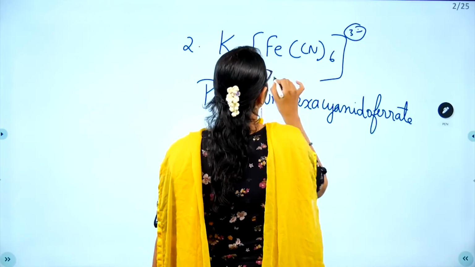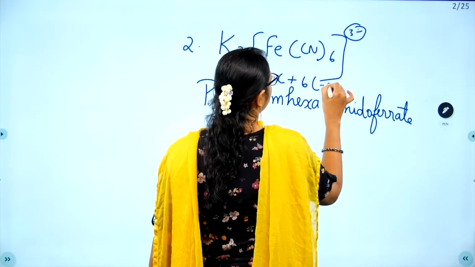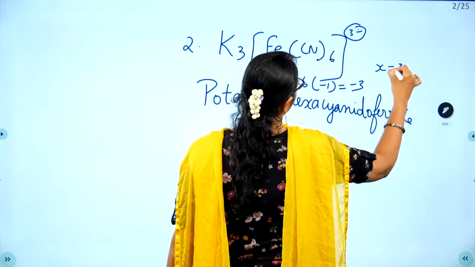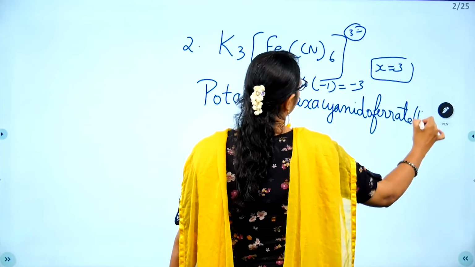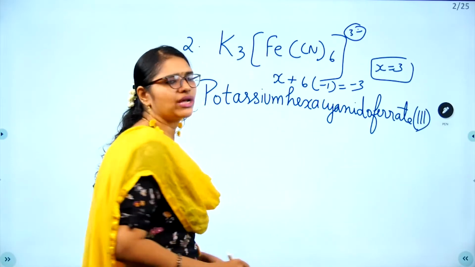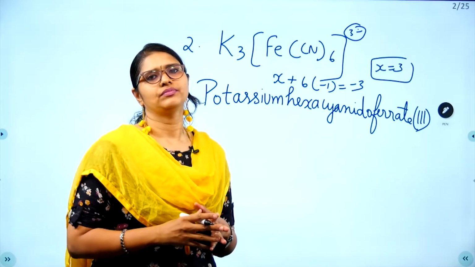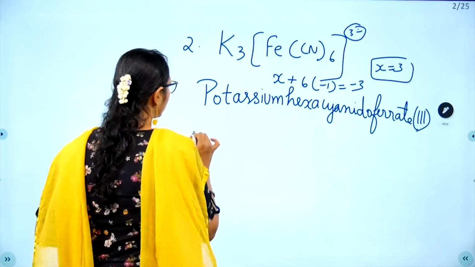So X plus 6 into -1 is equal to -3, so X is equal to 3. Ferrate 3. Potassium hexacyanido ferrate 3. Understood? Now let us go to the next.